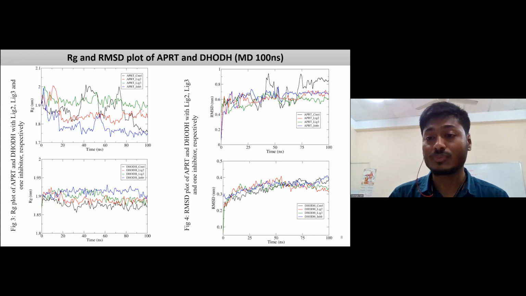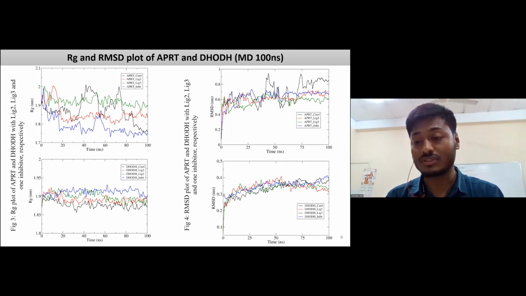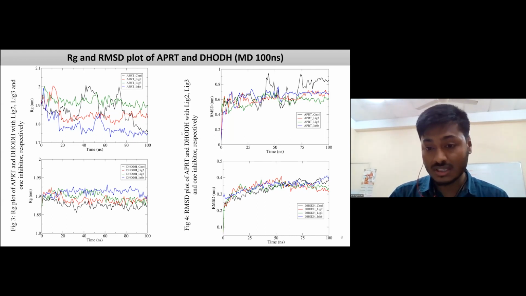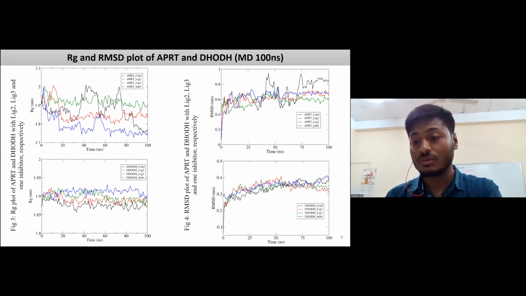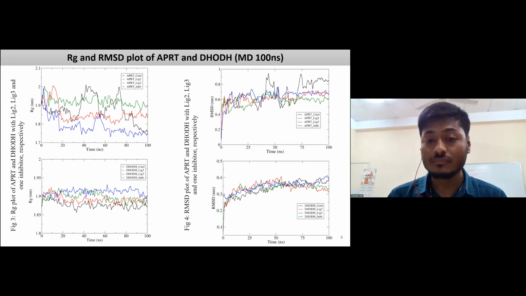From that, we say that it converged. In both cases, in the case of RG also, you can see convergence of the graph after 90 nanoseconds.